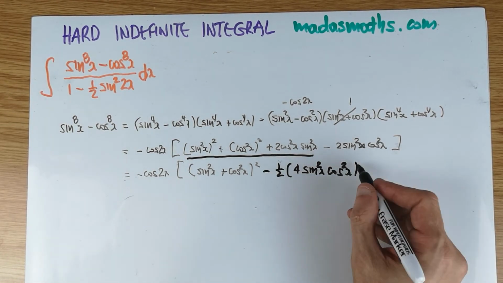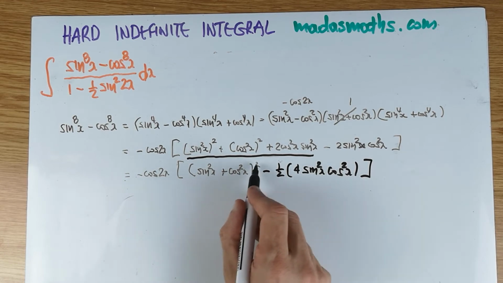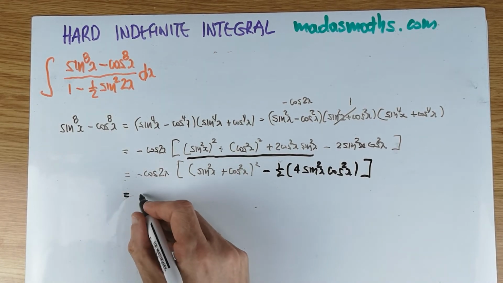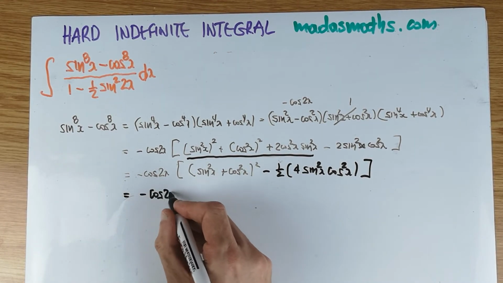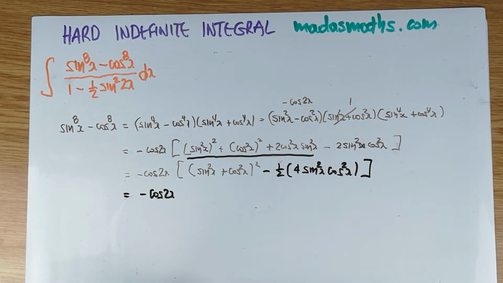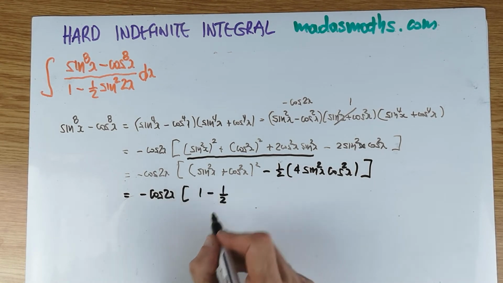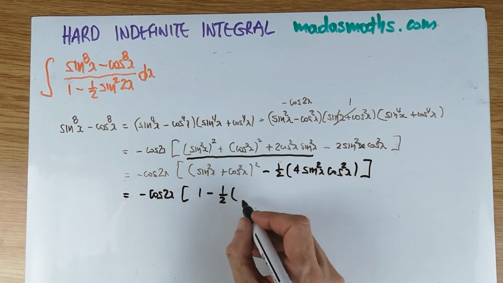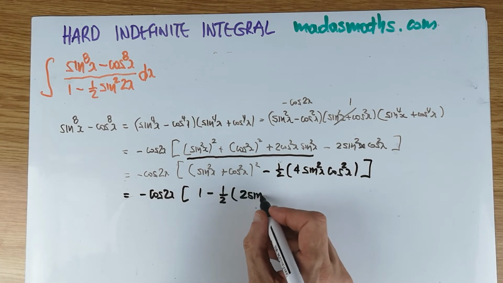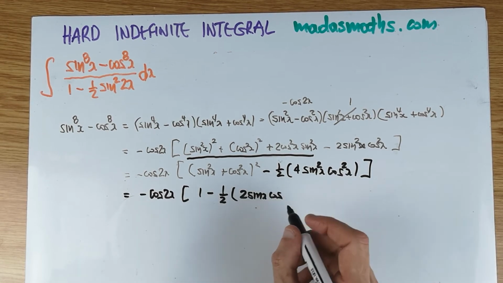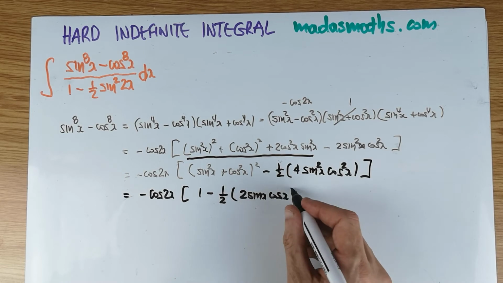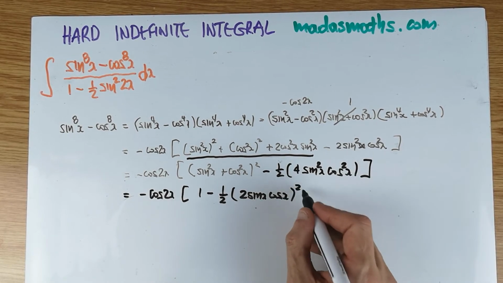But then again, we have another 1 here. 1 squared, which is just 1. So that's minus the cos of 2x. And what do we have now in this particular expression is 1 minus a half. In this, we can write it as 2 sine x cos x, and this is going to be squared.